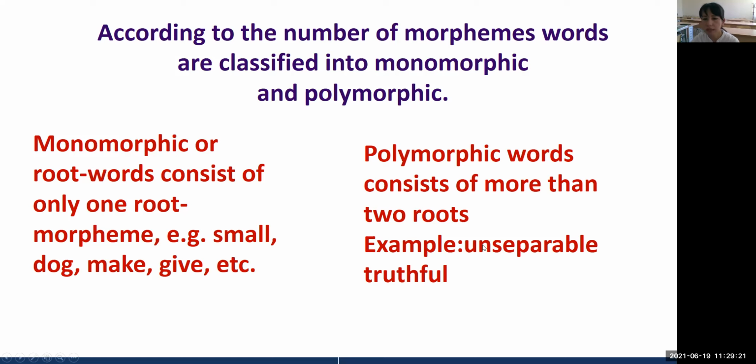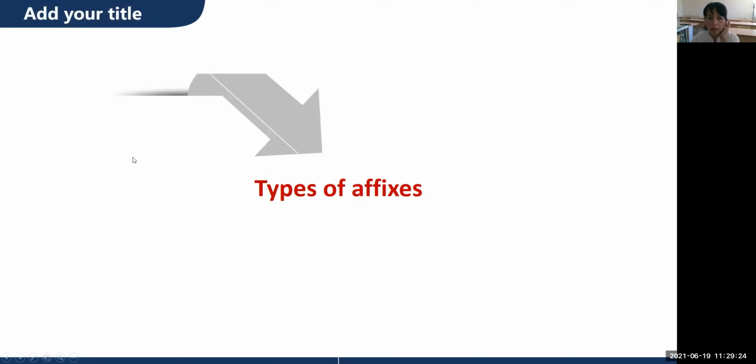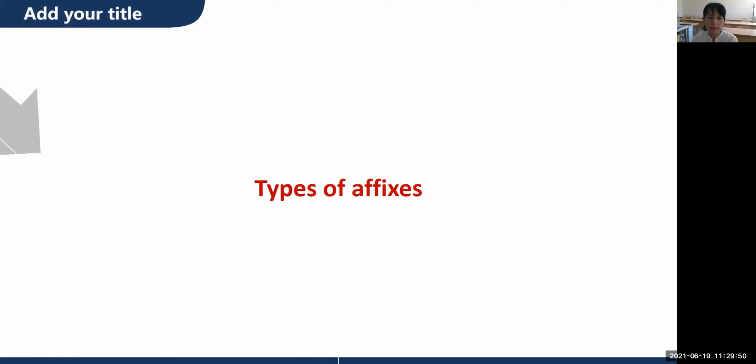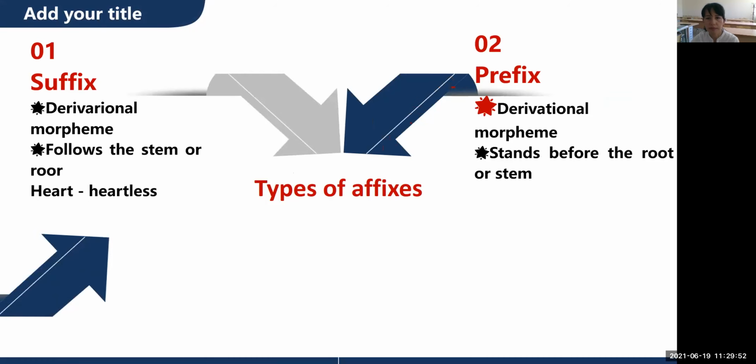As you see, students, this word consists of three morphemes: un, separate, and able. Or the word truthful. This word consists of two morphemes: truth and full.